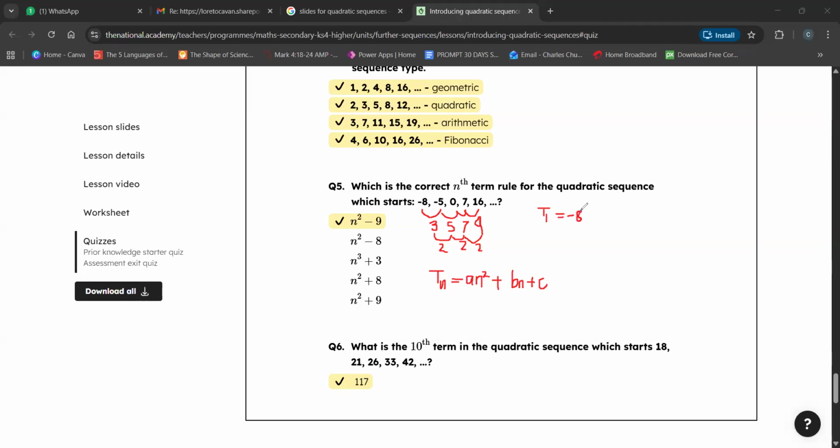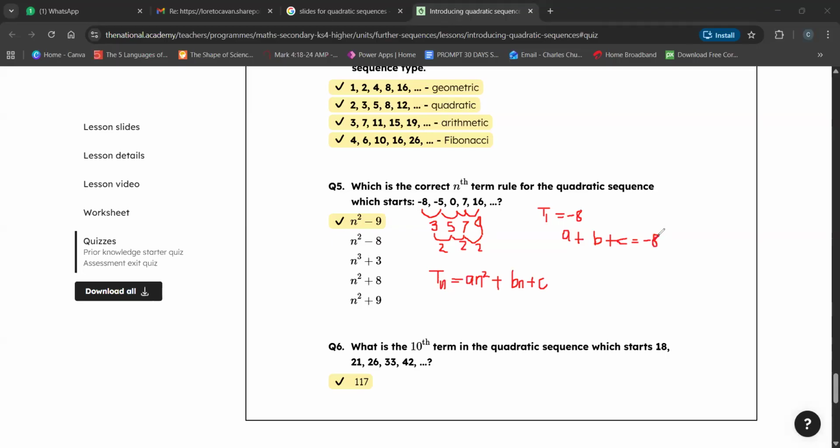So that's going to be A plus B plus C will give us -8.